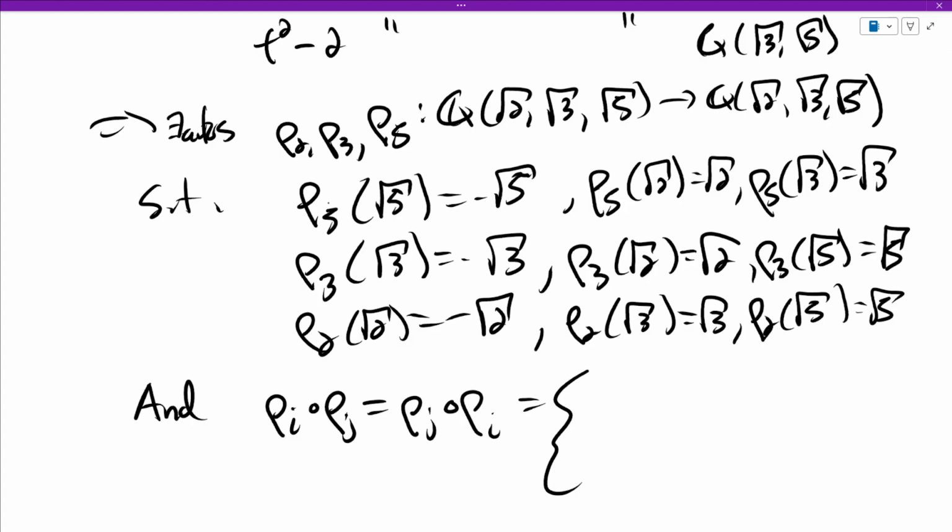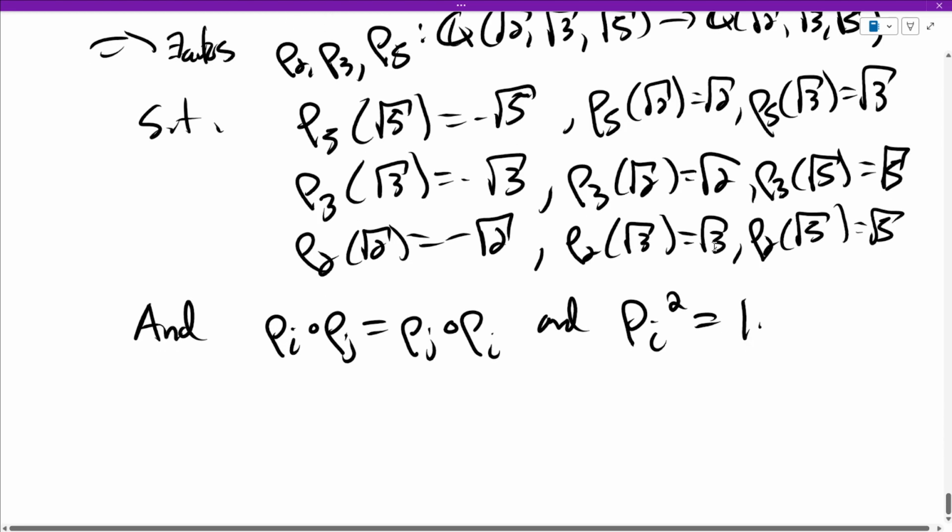So it turns out that these actually commute. When you negate one and then negate the other, that's the same as negating the other and then negating the first one. And they square to the identity. Okay, so they commute and they square to the identity.